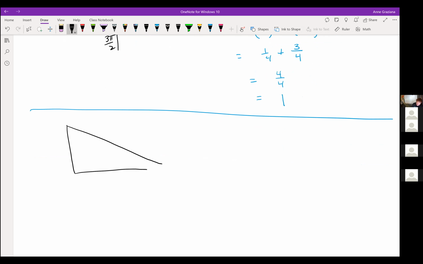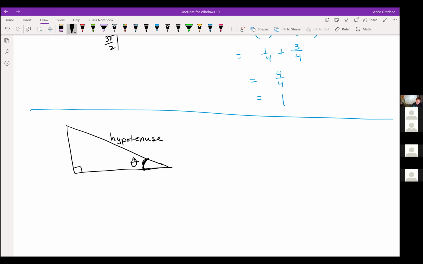These are right triangles that don't necessarily have to be on unit circles, but just a reminder: if I have this angle here, I'm going to call this angle theta. The way we label the sides of this triangle is this is the hypotenuse, because it's always across from the right angle.